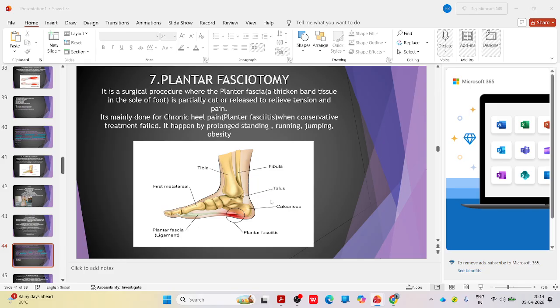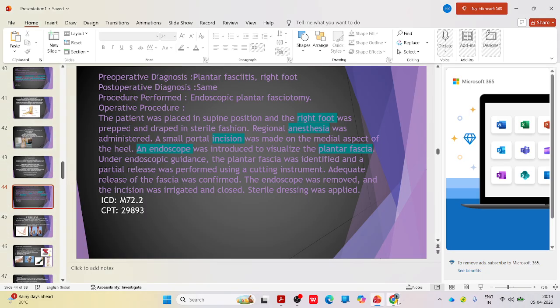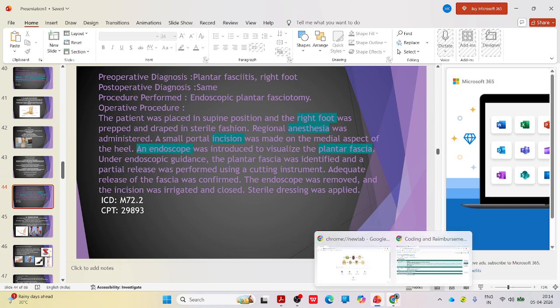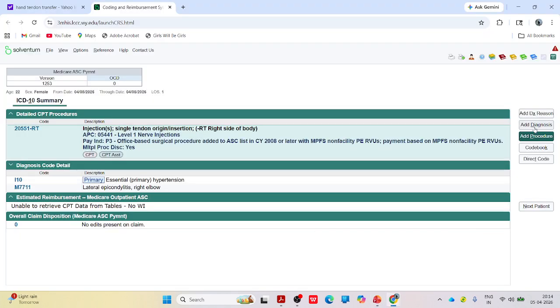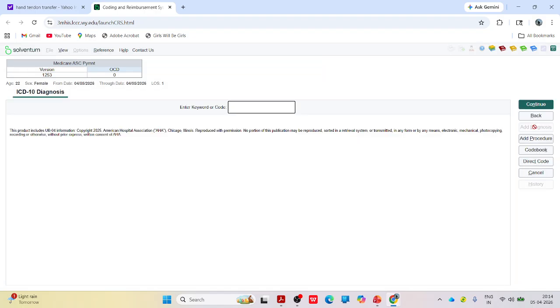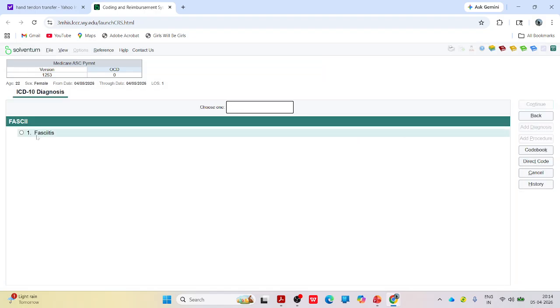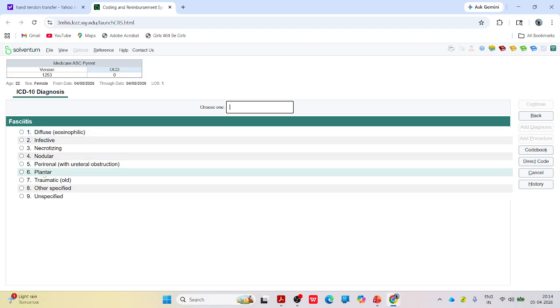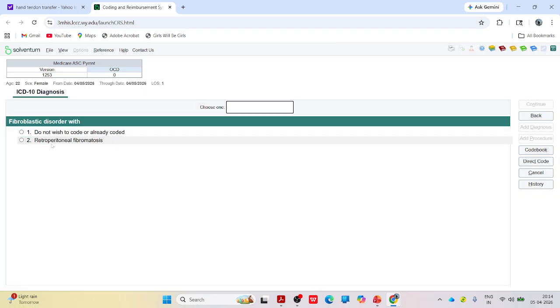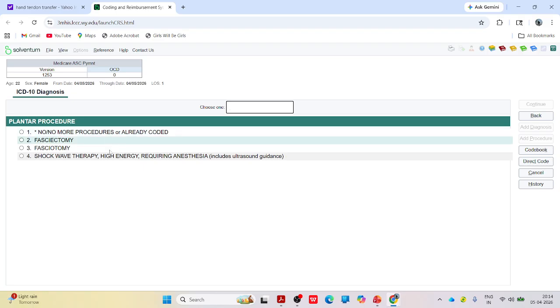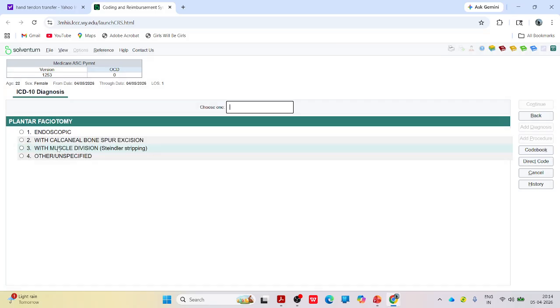We'll see the navigation of that. Plantar fasciitis of the right foot. First of all, ICD, fasciitis. So it's in plantar. Here fasciotomy is done, not fasciectomy, fasciotomy.